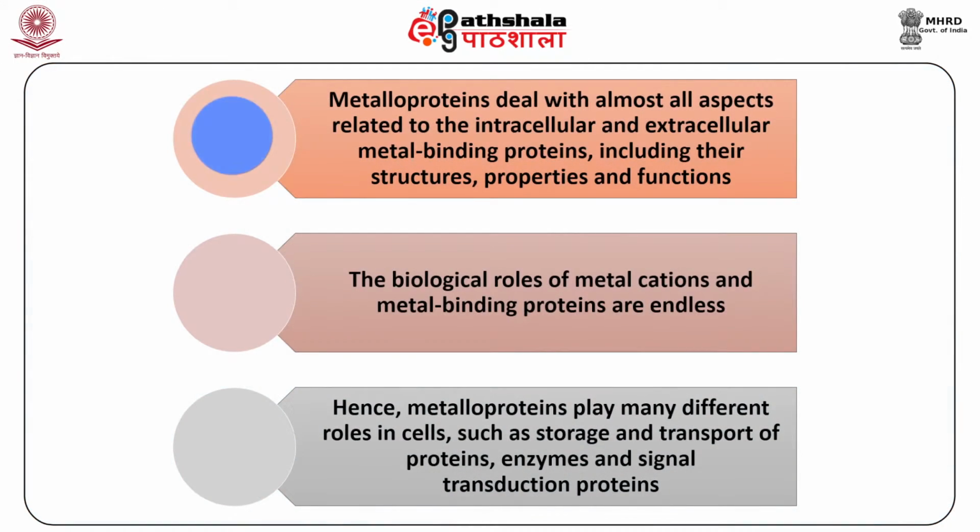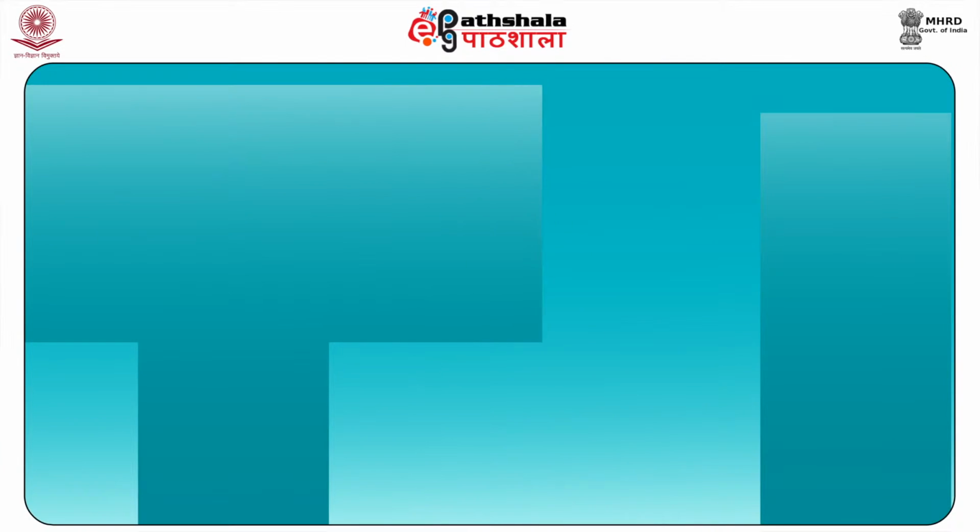Metalloproteins deal with almost all aspects related to intracellular and extracellular metal binding proteins, including their structure, properties and functions. The biological roles of metal cations and metal binding proteins are endless. Hence, metalloproteins play many different roles in cells, such as storage and transport proteins, enzymes and signal transduction proteins.